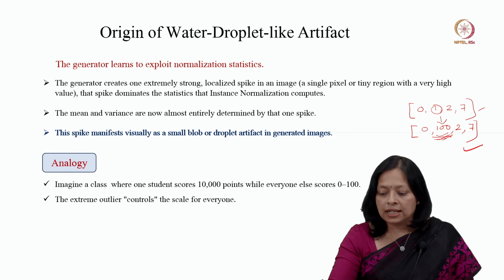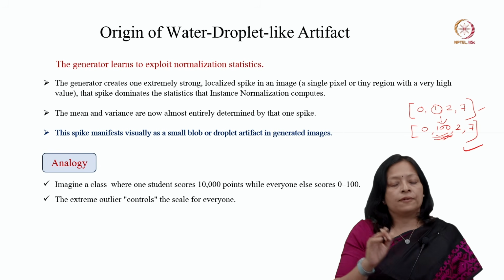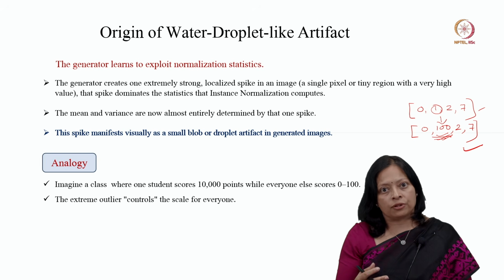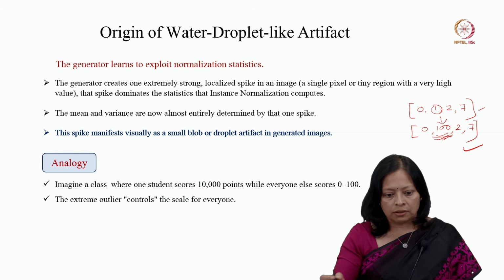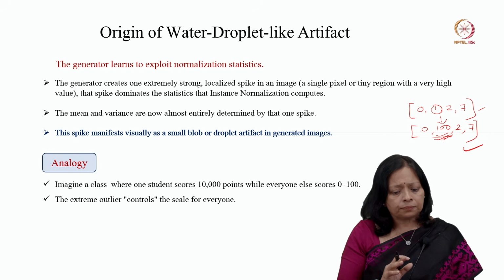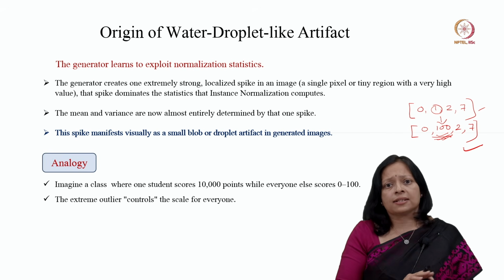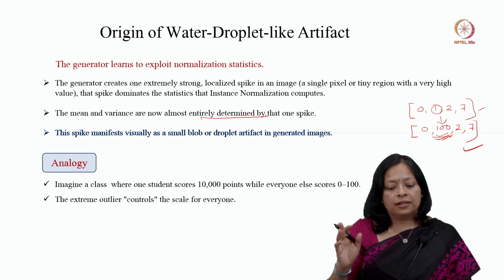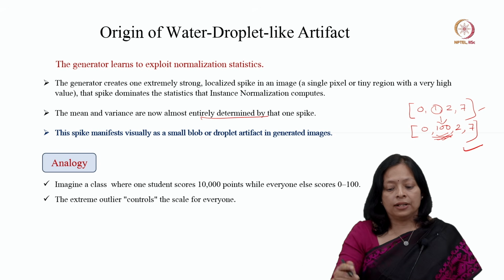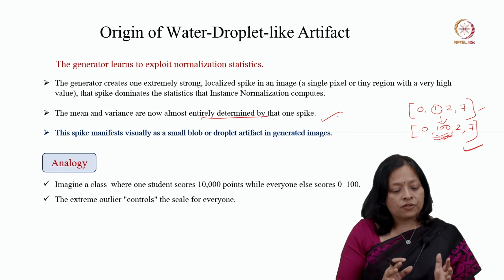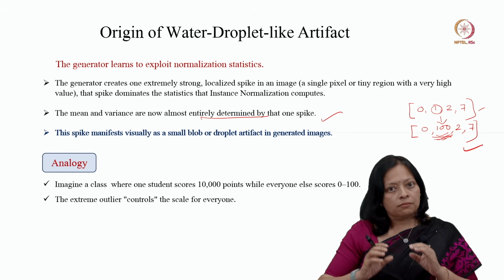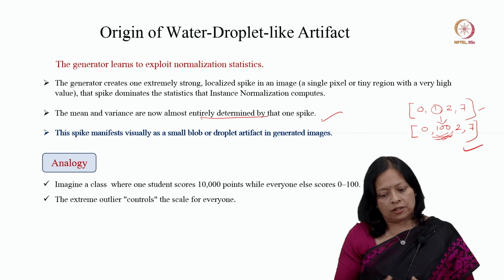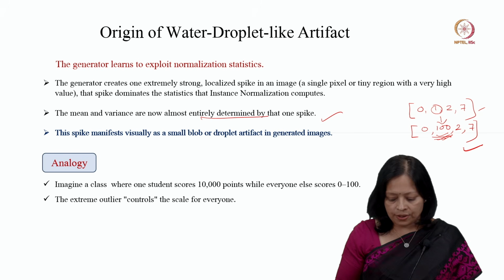This becomes a dominating factor in the mean and variance calculation. So, the generator uses this trick to fool the discriminator. It spikes one of the values, and then the mean and variance get completely determined by that one peak, and this spike manifests as blob like structures or water droplet kind of artifacts in the generated images.